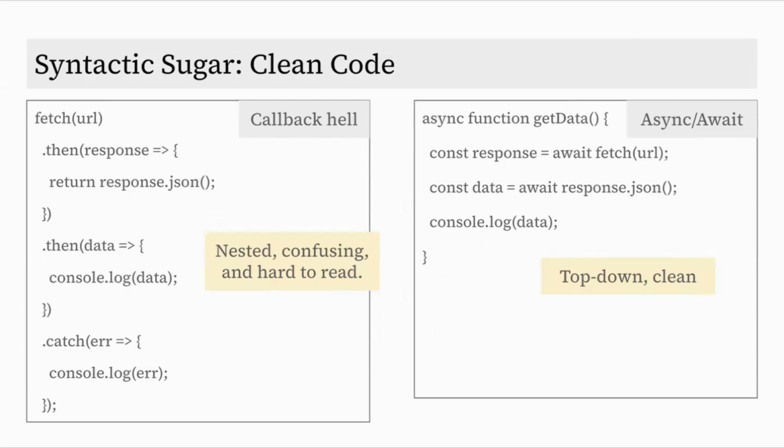But today, we use async await. We call it syntactic sugar because it makes the code sweet and easy for humans to read. It allows us to write our data fetching steps in a straight line from top to bottom, just like a story. This makes it much easier to fix bugs and work with teammates.